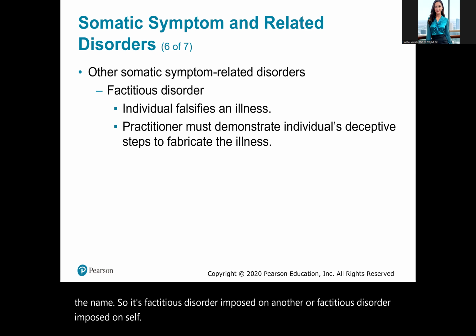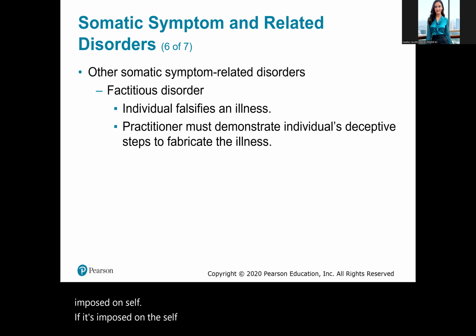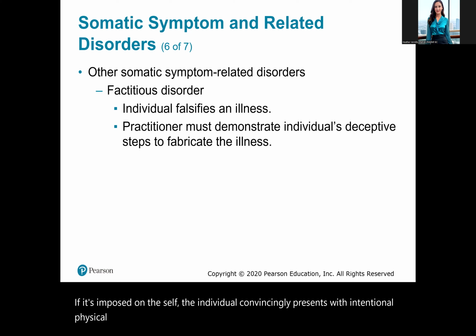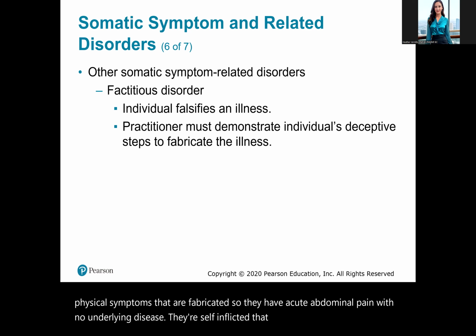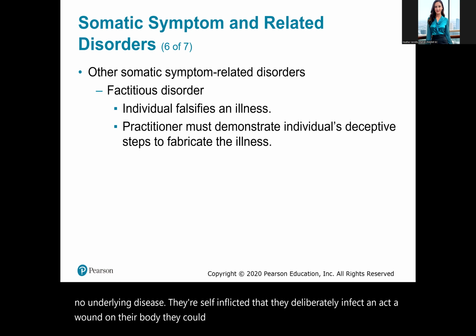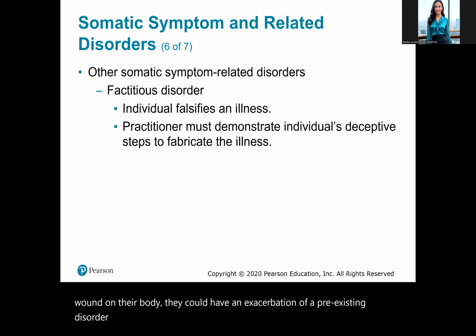If it's imposed on the self, the individual convincingly presents with intentional physical symptoms that are fabricated. So they have acute abdominal pain with no underlying disease. They're self-inflicted, that is, they deliberately infect a wound on their body. They could have an exacerbation of a pre-existing disorder, like someone who takes penicillin despite being allergic to it.